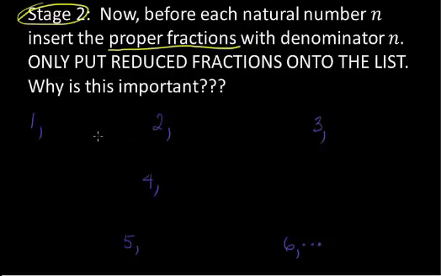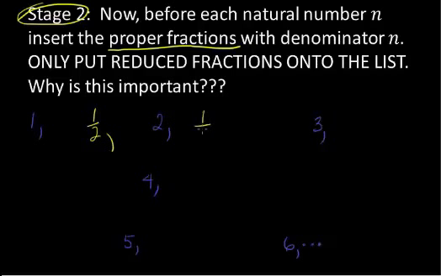We don't want to put 2/4 and 1/2 by accident on the list, or our correspondence would not be 1-to-1. So let's just agree that we only put reduced fractions on the list, and then we can be sure that we won't duplicate one. So let's see, right before 2 I want to put in 1/2.